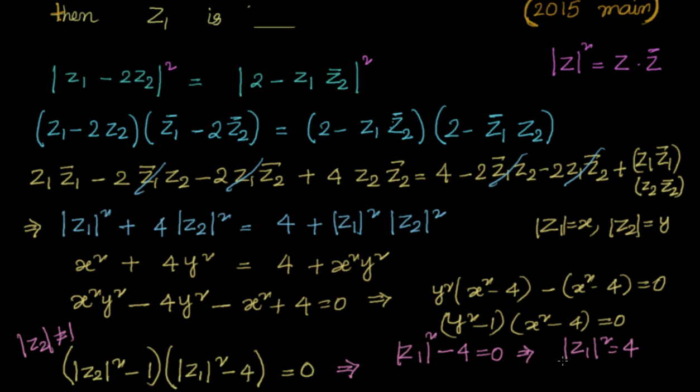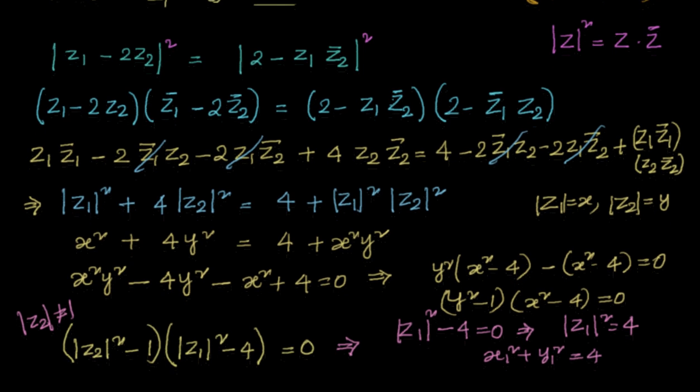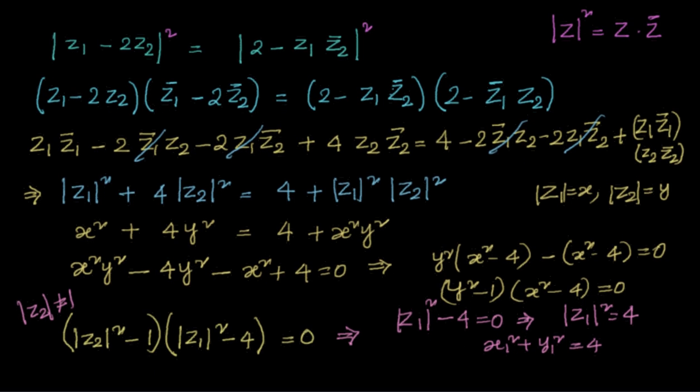Let us say if z1 is x1 plus iy1, then it is nothing but x1 square plus y1 square equal to 4. Now what is the meaning of x1 square plus y1 square equal to 4?